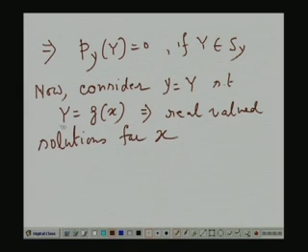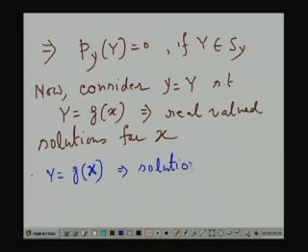I say that suppose I am solving this, and it has solutions. Again, for the time being, you can assume that you have just a finite number of solutions, as if this is a polynomial of some finite degree.